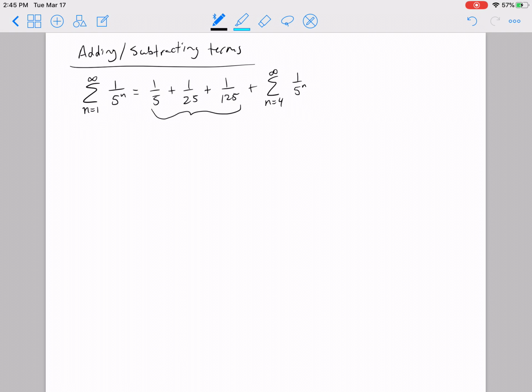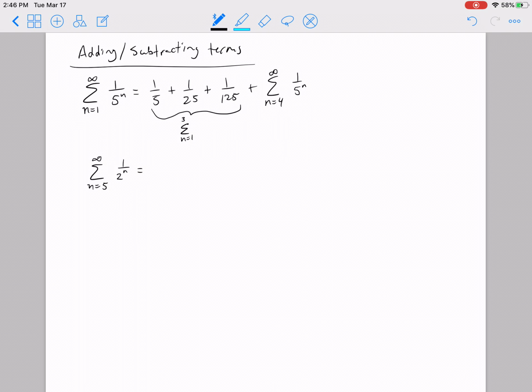We can pull that number outside of the sum. And then another one we could do is n equals 5 to infinity of 1 over 2 to the n. On the one above, we were adding. If we add terms to a series, we can get that.